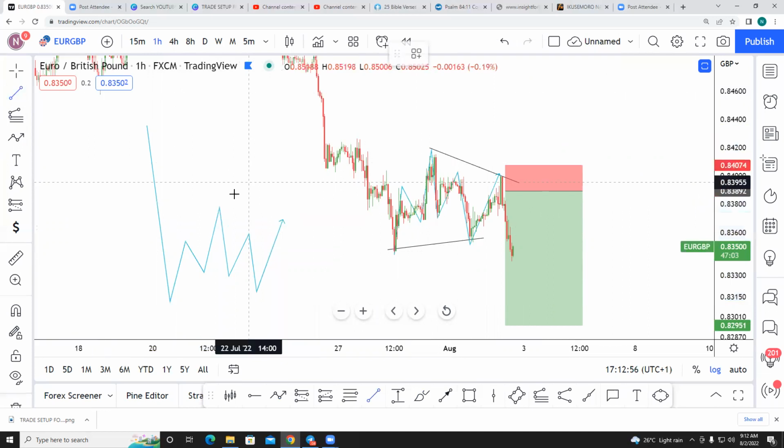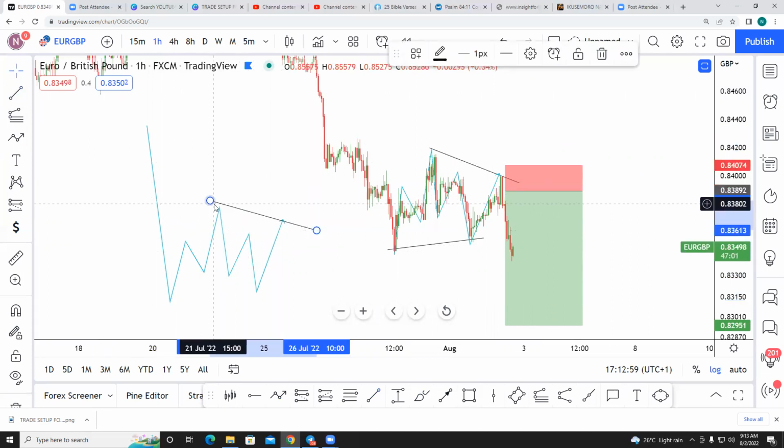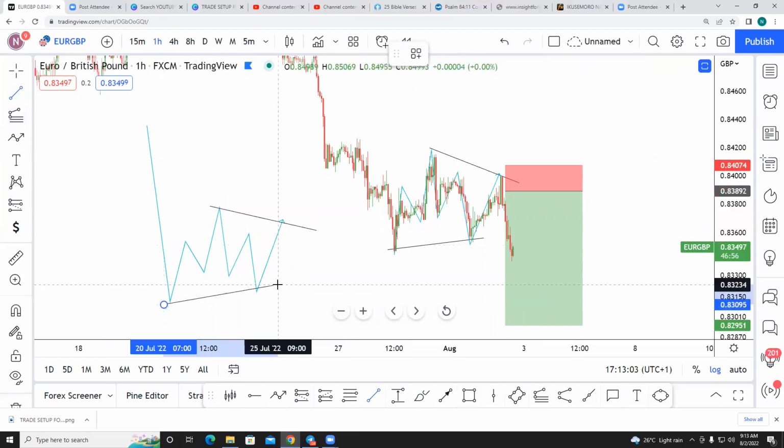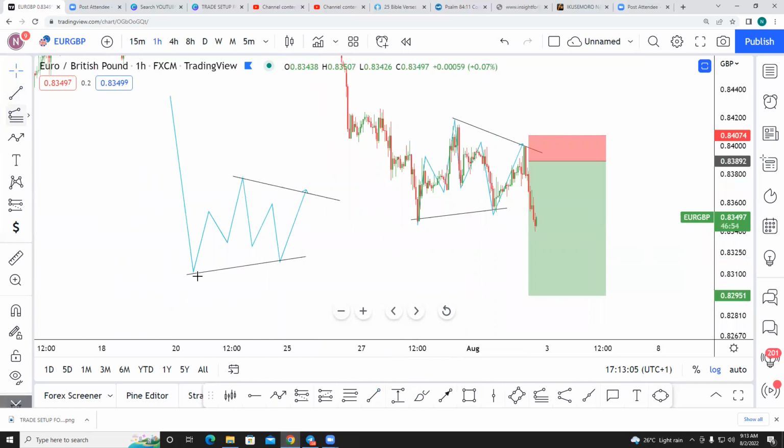This is what is called a contracting flat, guys. Can you see? It's contracting. And then when it's done, you are going to see this wave back to the downside.